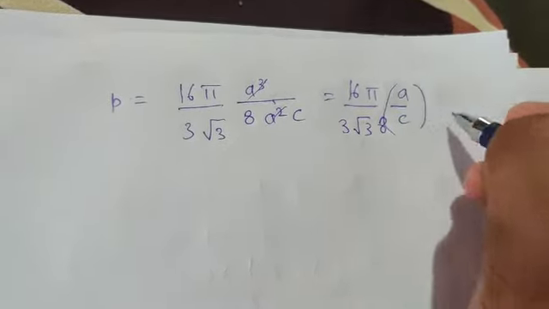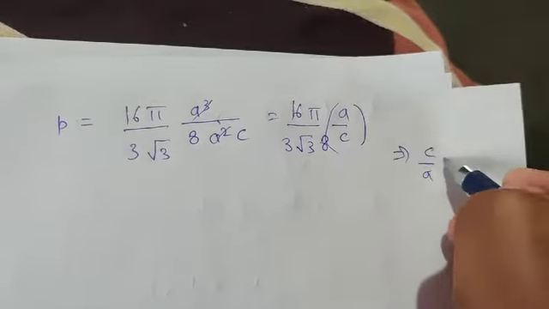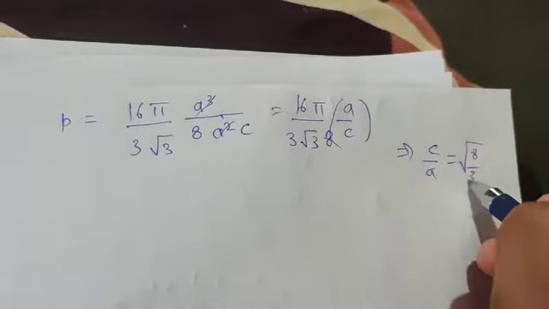So we have calculated C upon A, since we know that C upon A is equal to under root 8 upon 3.